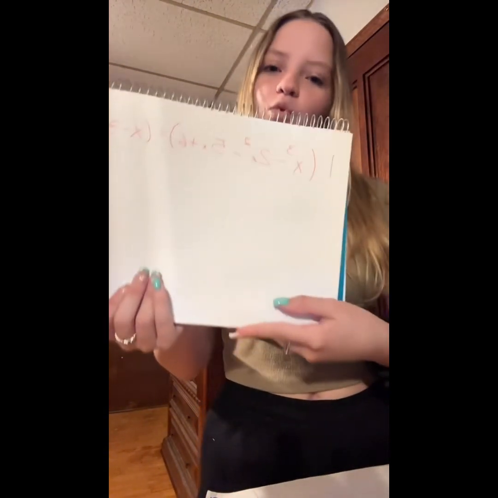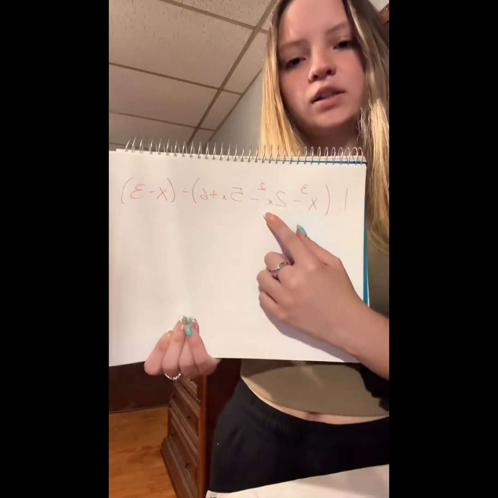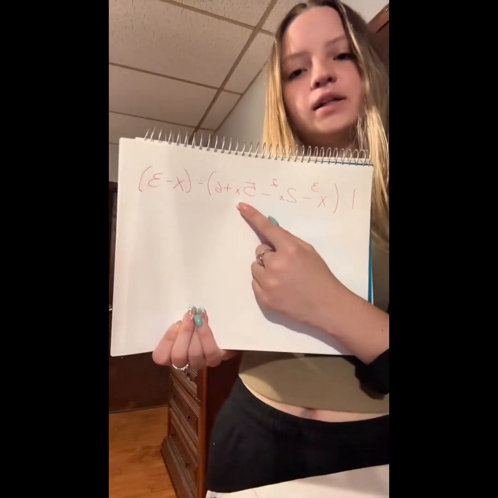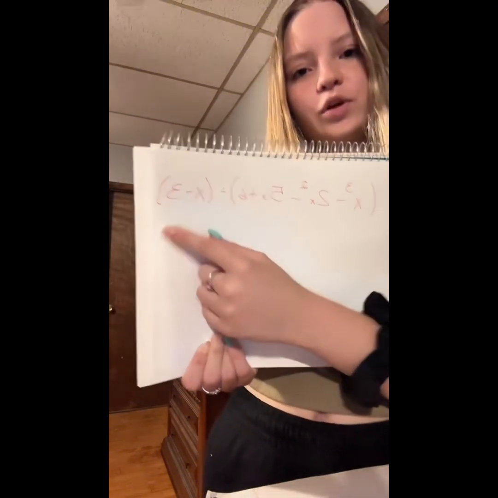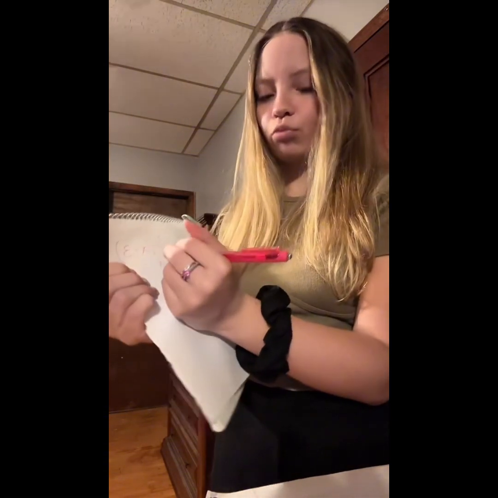For the first synthetic division problem that I'm going to do is x cubed minus 2x squared minus 5x plus 6 divided by x minus 3. So, first I'm going to find x, which is x minus 3 equals 0.